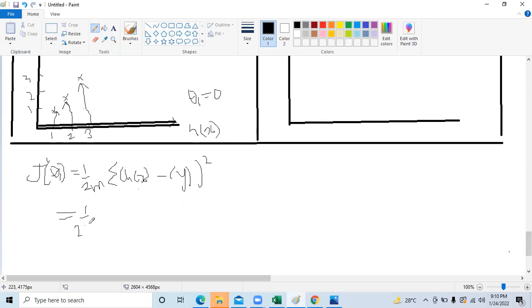Here we had 3 training examples, so 1 over 2 times 3, into brackets. h of x here is 0, so 0 minus 1, where 1 is our actual variable, all squared.